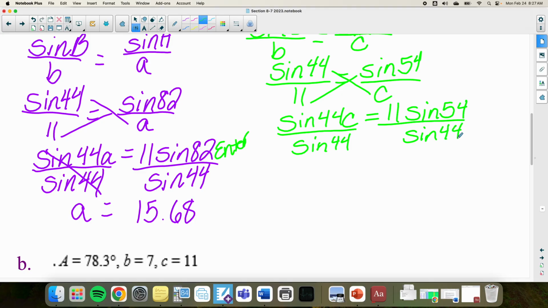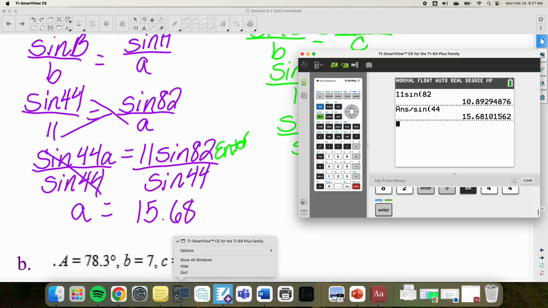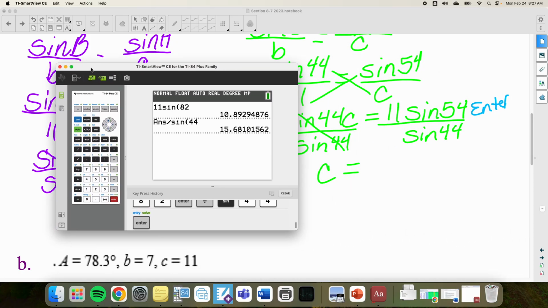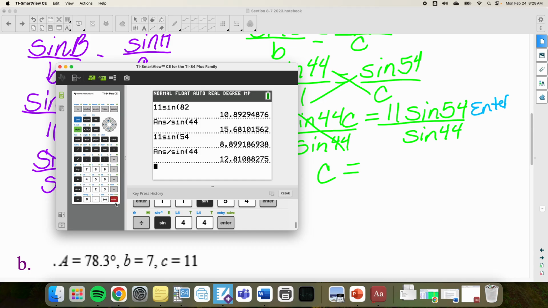And I have to be careful here to hit enter before I divide. Okay, so if I go to my calculator, I am going to do 11 sine 54 enter divided by sine 44. Did you guys get 12.81?